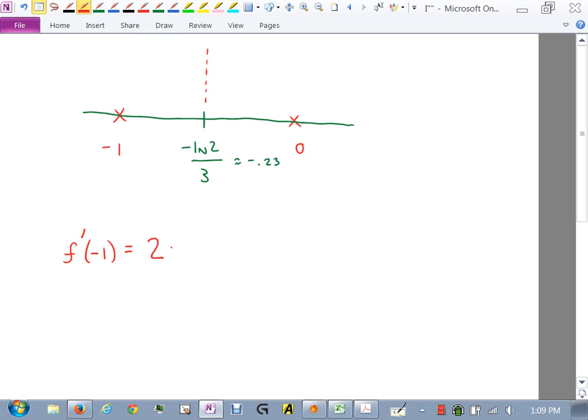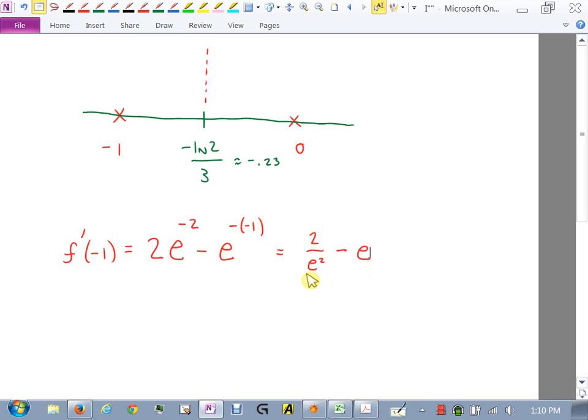That'd be 2 e to the negative 2 minus e to the negative 1. Are y'all following me here? This is the same as 2 over e squared minus e to the first power. Negative negative is plus.